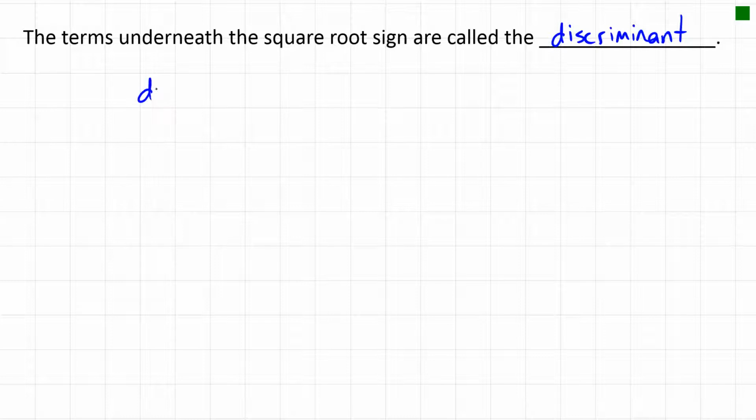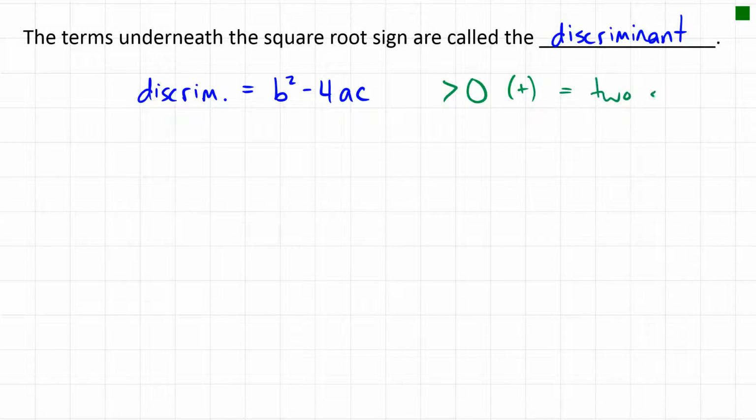So the discriminant, which I often just abbreviate to discrim, is equal to what's underneath the square root sign, b squared minus 4ac. If this value is greater than 0, or in other words positive, we get two solutions.